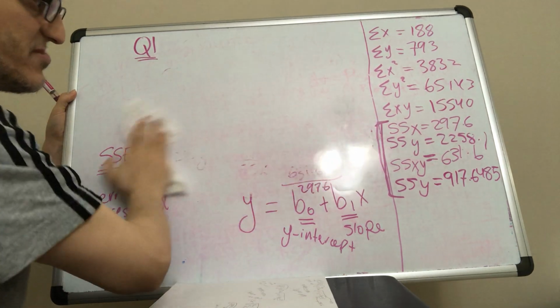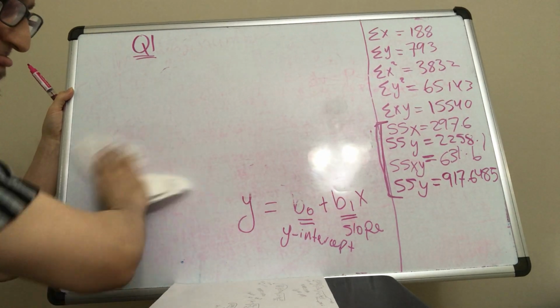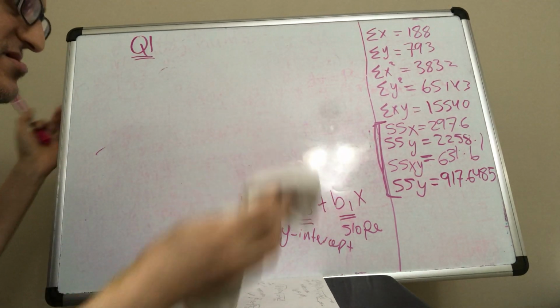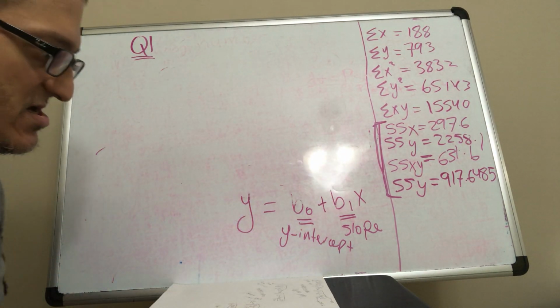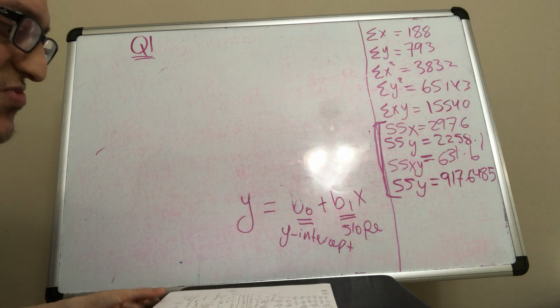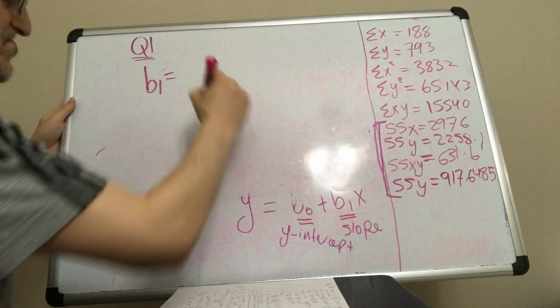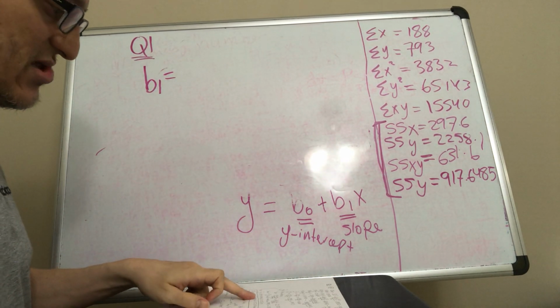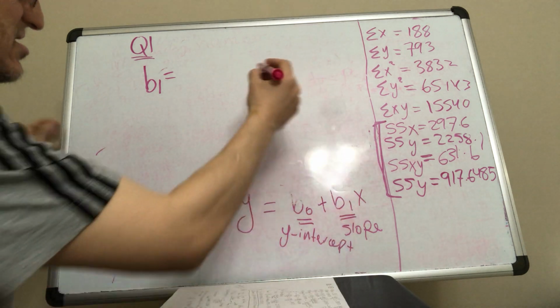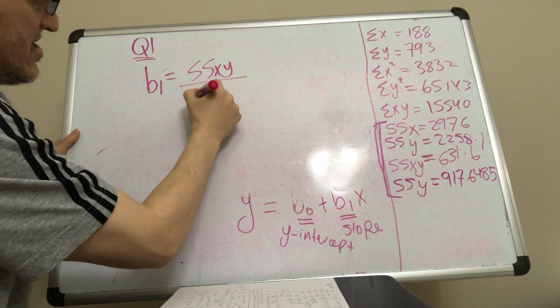So to be able to do the equation, B0 and B1, intercept and slope, we always start with finding the slope first. Your slope is going to be SSXY over SSX.